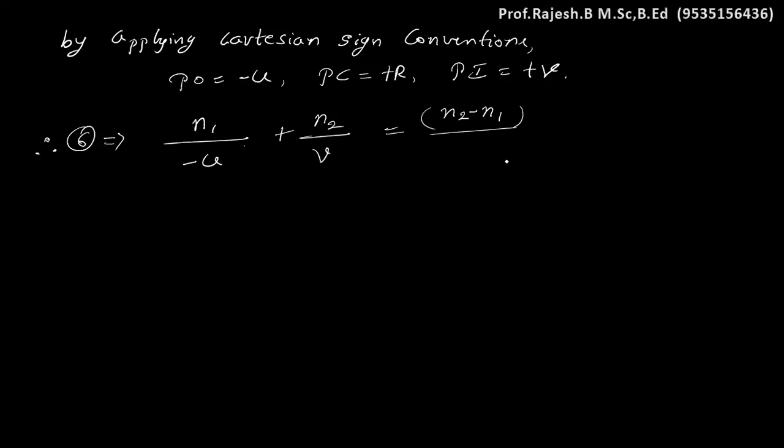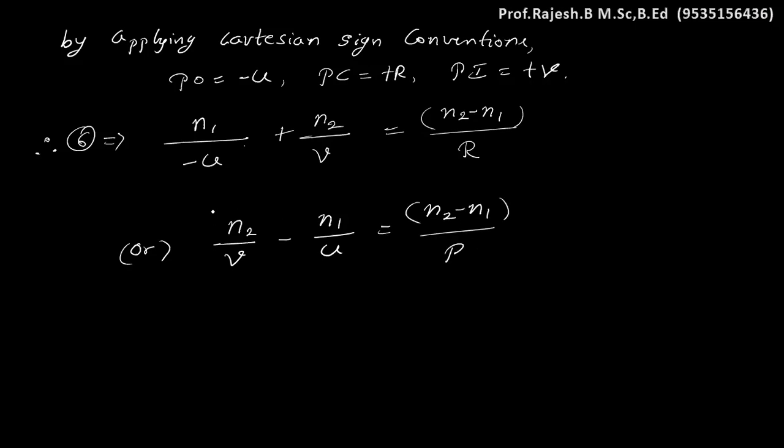PC means radius of curvature. Or we can also write this as N2 by V minus N1 by U is equal to N2 minus N1 divided by R. This is the final expression.